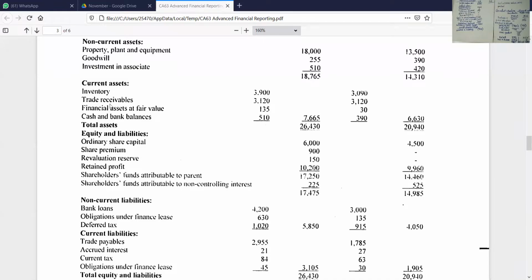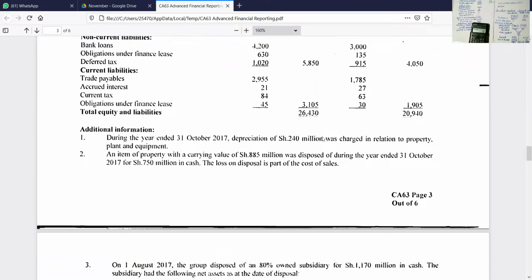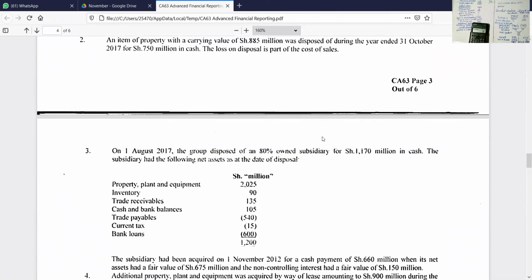The second is trade receivable. By the start, that is 2016, it was 3120. Then after that, we subtract. So we take 3120 minus the one which was there under the subsidiary which was disposed, not for the year.